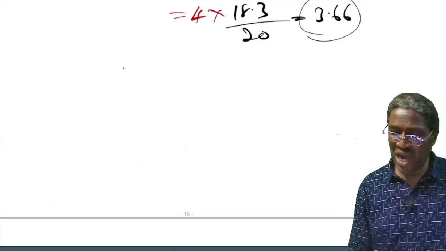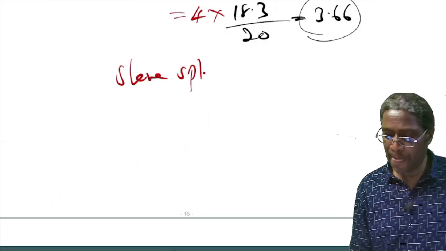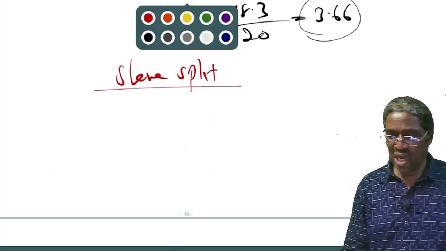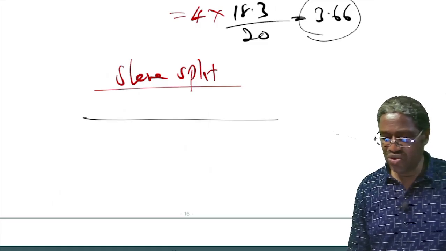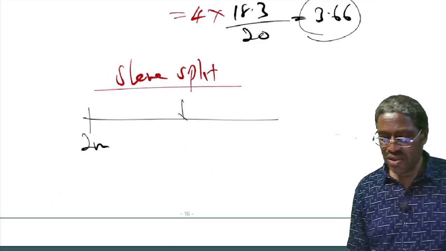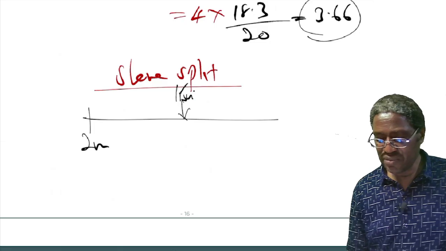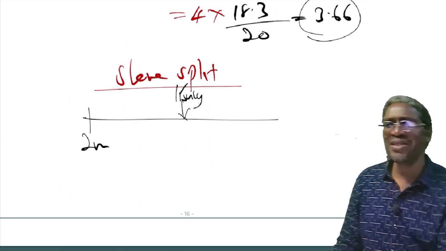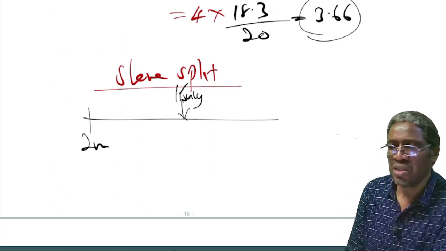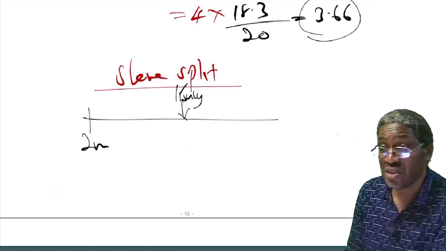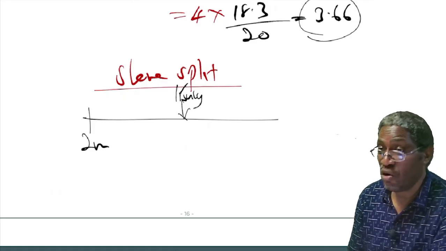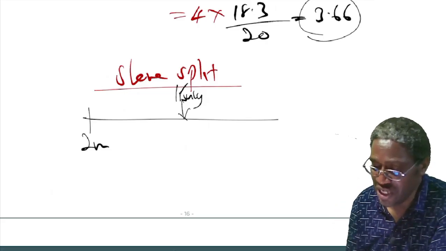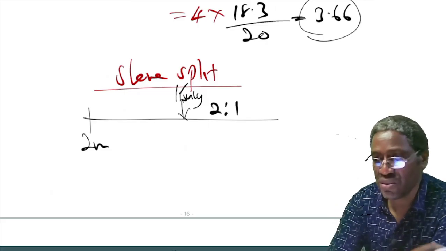Now, let's come to the next one. When shares are issued as a result of a share split. Our company began the year with 2 million shares. On 1st of July, our company split the existing shares, there was a share split in the ratio of 2 for every 1.